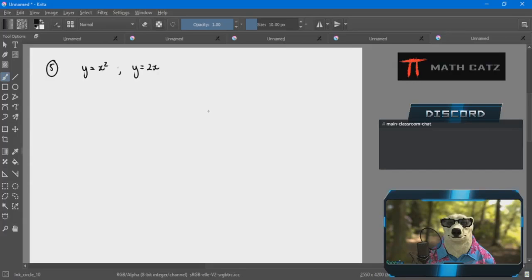Let's see what these graphs look like. Well, I have my x squared graph, my parabola over here, and I have 2x, which is a straight line.